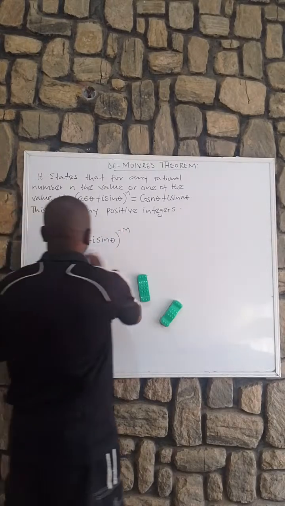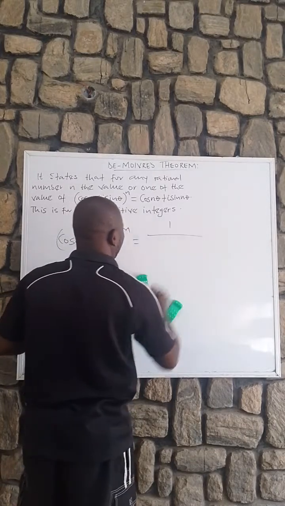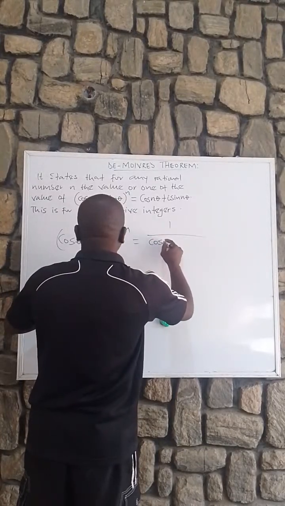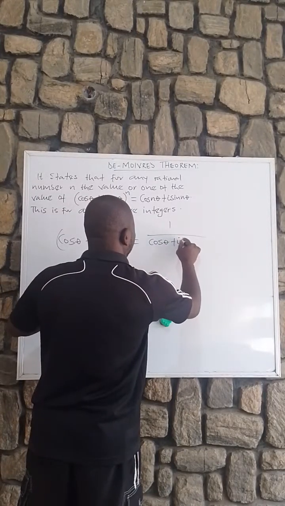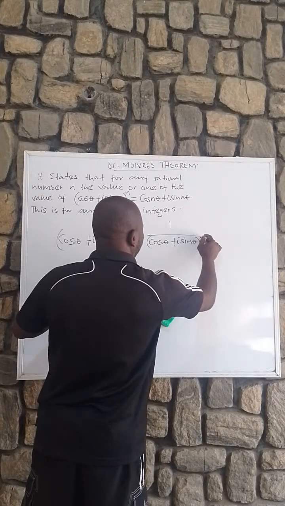So we can rewrite this in this form. It is 1 all over, you apply indices here, (cos theta plus i sin theta) raised to the power of n.